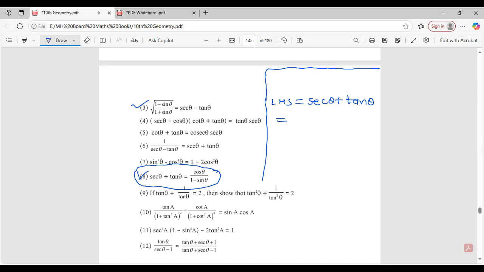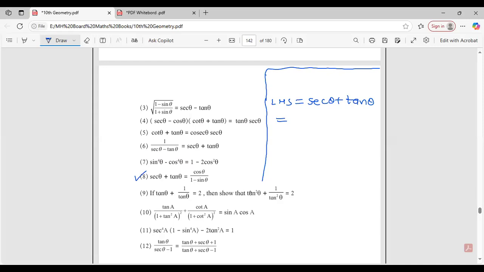No, your writing is not visible, only text is there. Okay, let me share it once again. Now it is visible.